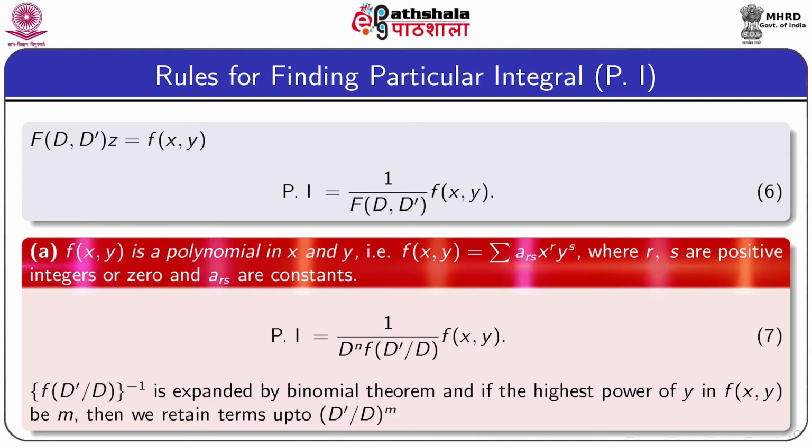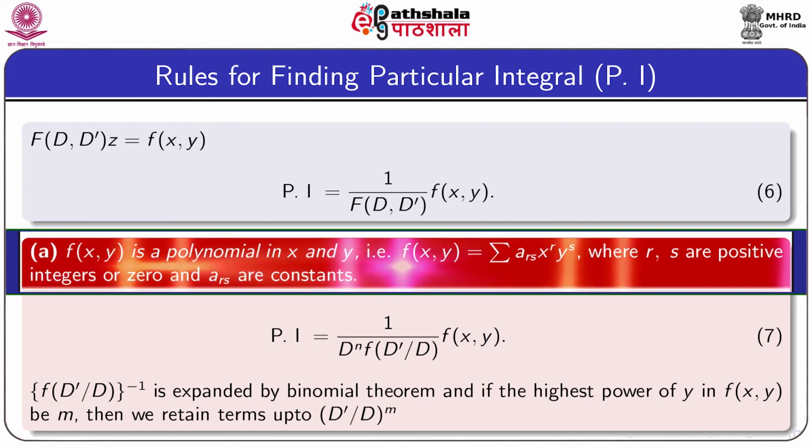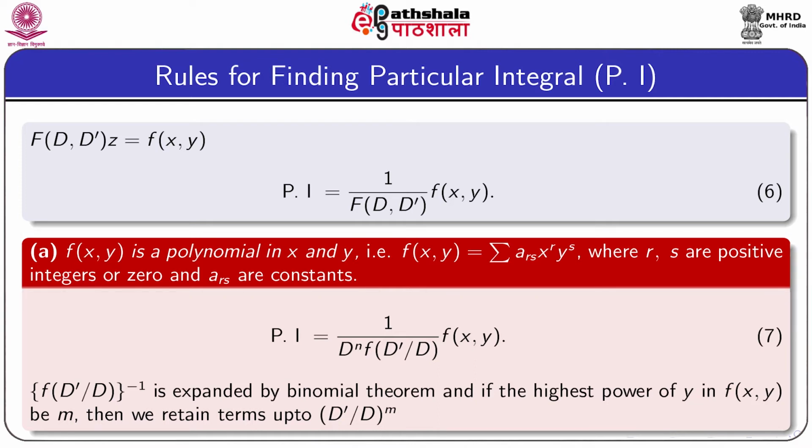First, we shall start by taking small f as a polynomial in x and y. So, f(x, y) can be written as the sum of a_rs x^r y^s, where r and s are positive integers or 0 and a_rs are constants.